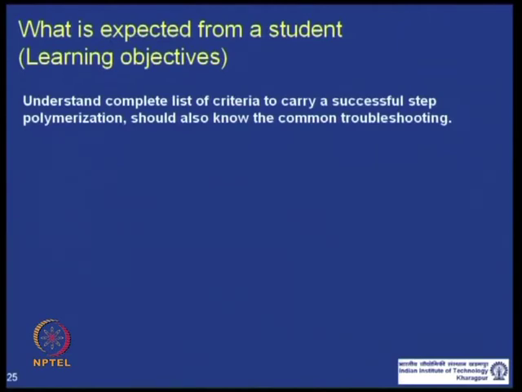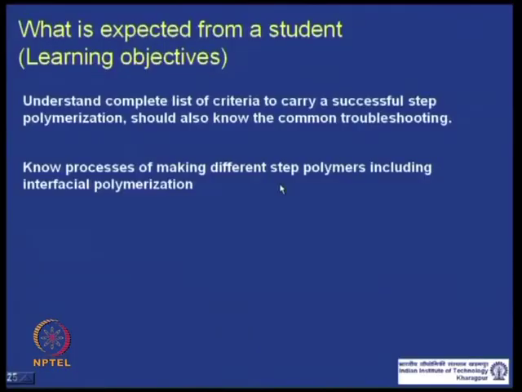In case, following all the normal directions, you do not build high molecular weight, what are the first things to look for, what is the common troubleshooting you should first look for, that also you should know by this time. And you also know what the common step polymers are, what their properties are, and what the different ways of making step polymers are.